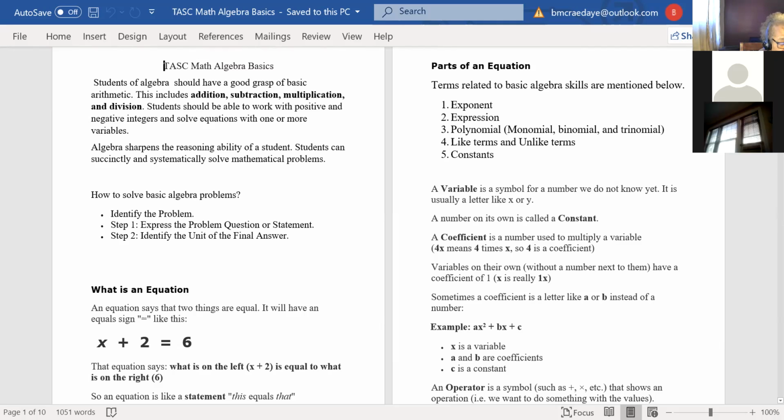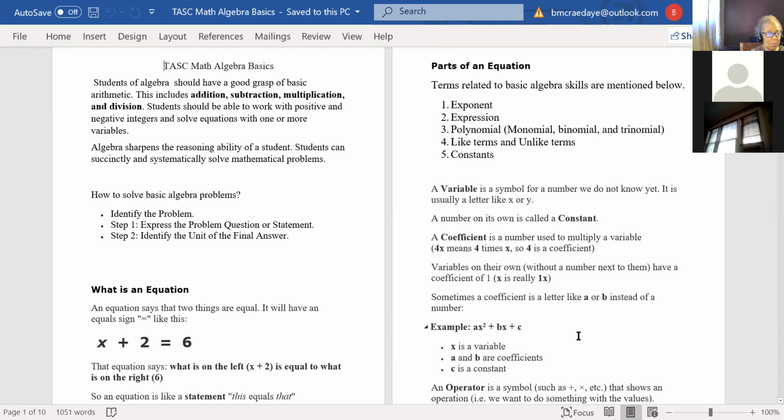Yeah, it's a power. You raise something to a power, like here, you see x squared. That 2 is an exponent, right? That means x times x. X to the second power means x multiplied by itself. So that's what we call an exponent, okay?